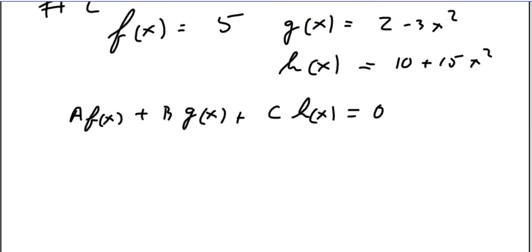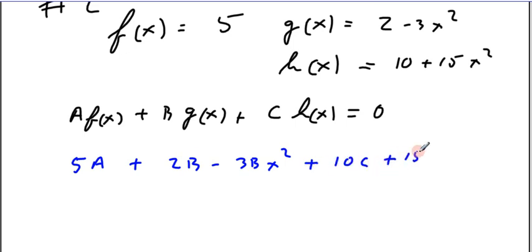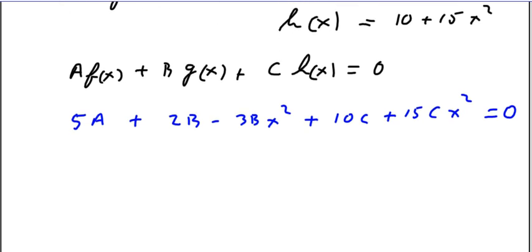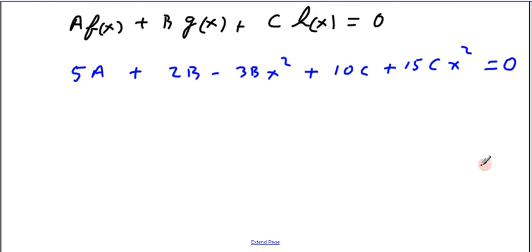So I've got 5a plus 2b minus 3b x squared plus 10c plus 15c x squared. I want that to be 0, and I have to find a, b, and c.